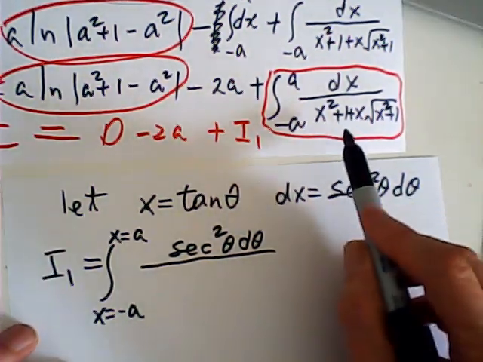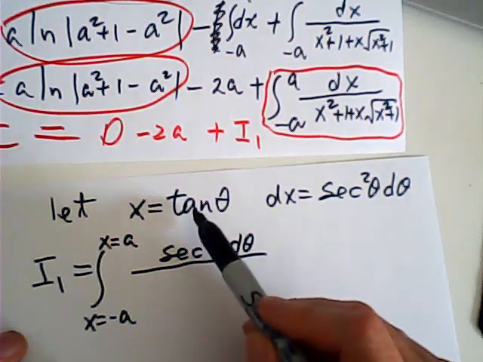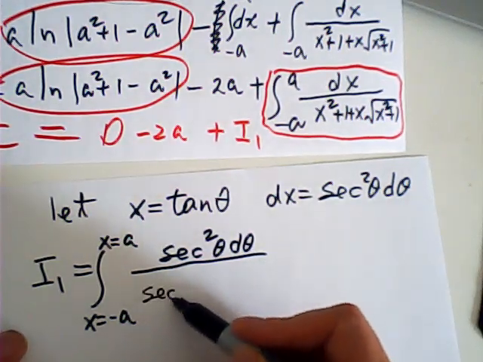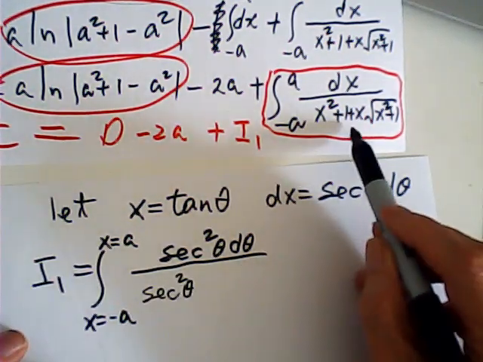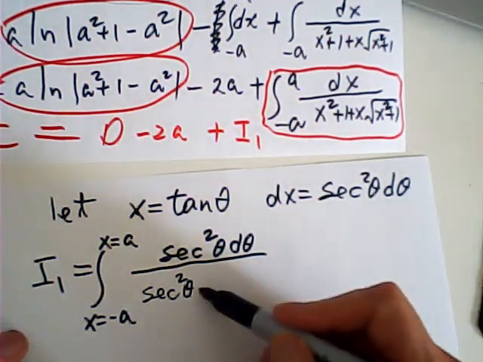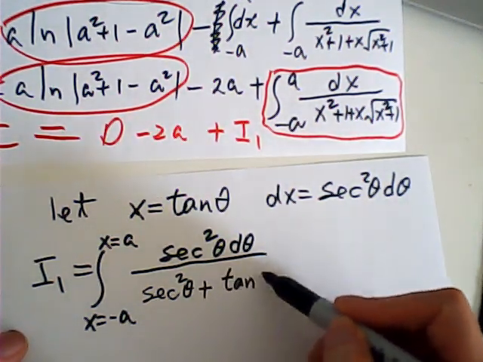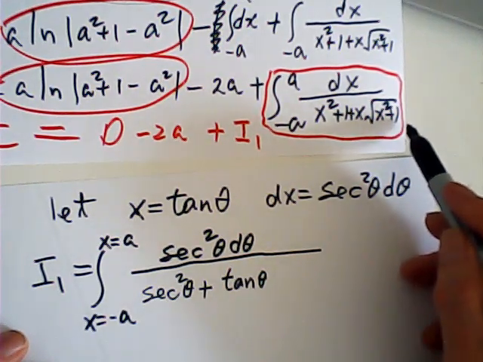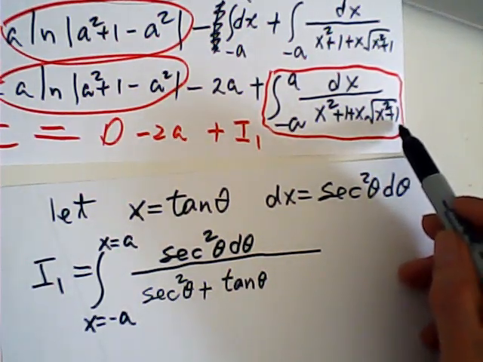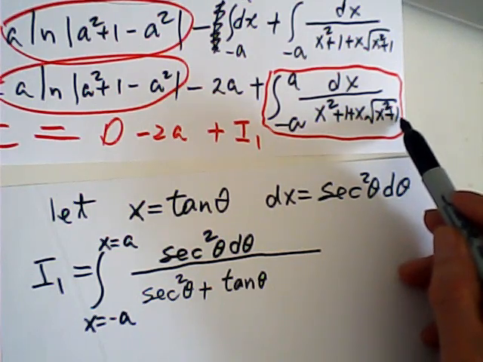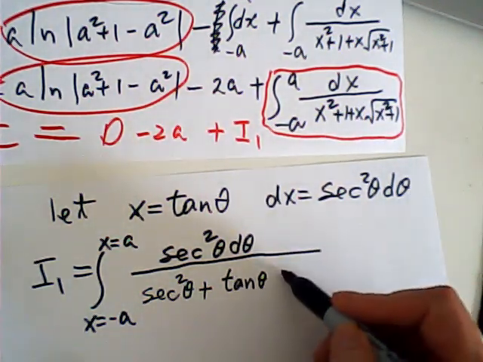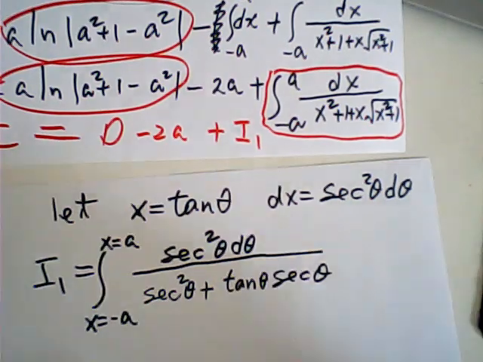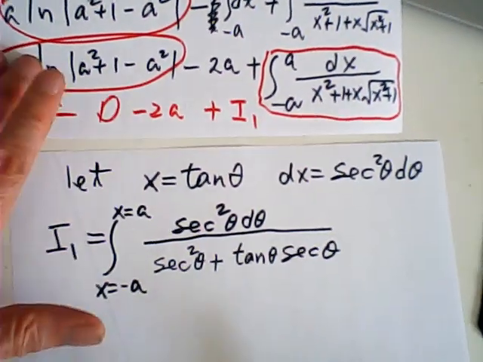x squared plus 1 is tangent squared plus 1, which is secant squared, and then plus x is tangent theta. Taking the square root of secant squared gives secant.